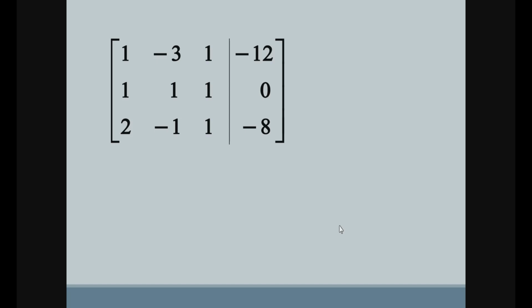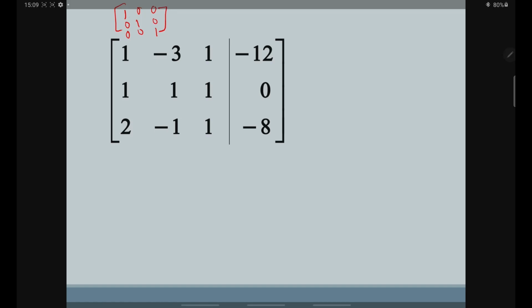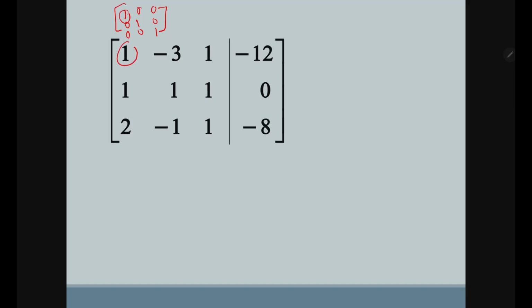Okay, first of all, we know that it must be identity, right? 0, 1, 0, 0, 0, 1. So since here is 1 and this is also 1, we no need to do anything for the first row, and then we need to reduce this one to 0.